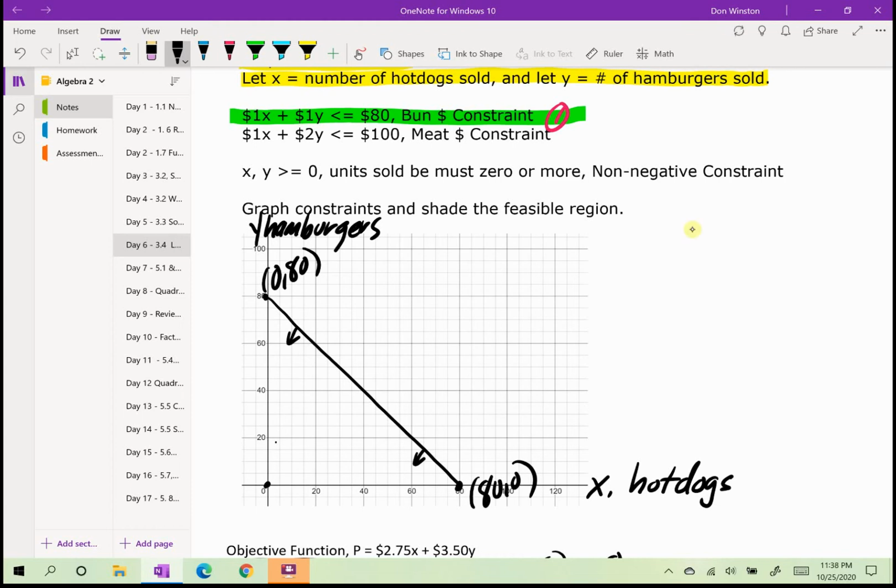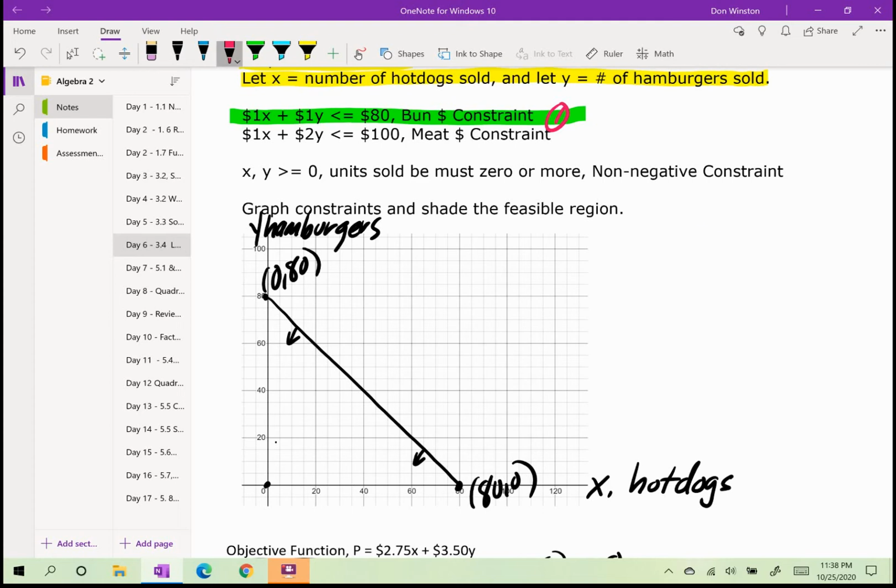You cannot be at, for example, 40 and 60. So that's the point 40 and 60, because 1 times 40 is 40 and 1 times 60 is 60, and that is not less than or equal to 80. So you can't be over on this side of the line. You have to be below that line.